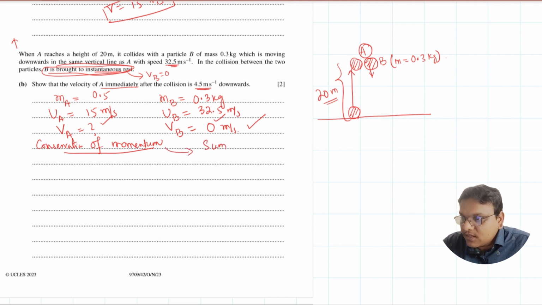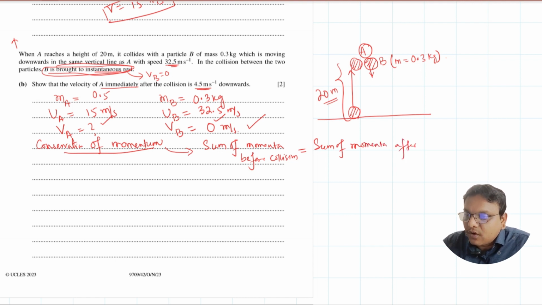It says the sum of momenta, the plural form of momentum, before collision is equal to the sum of momenta after collision. Got it? This is the general rule of conservation of momentum.